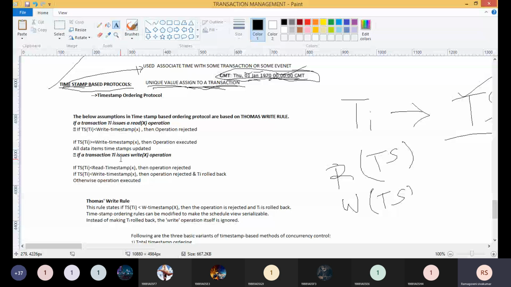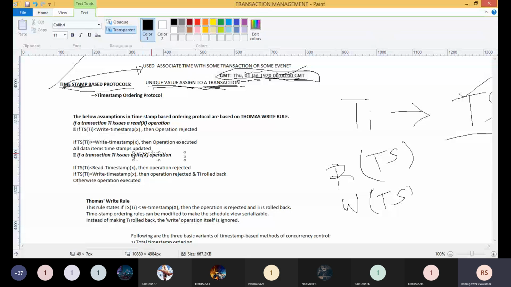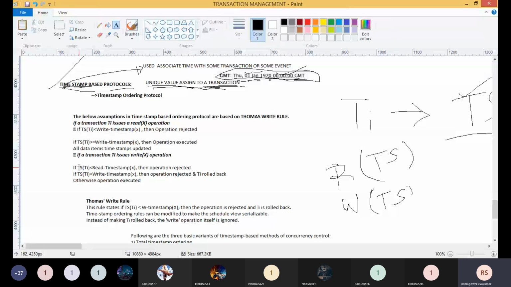And second, if transaction Ti issues a write X operation, on the data item X, and the timestamp of Ti is less than the read timestamp of X, then the operation is rejected. Two things you need to remember here: which operation is going to be rejected and which operation is going to be executed. While you are performing transactions, you need to remember these conditions.